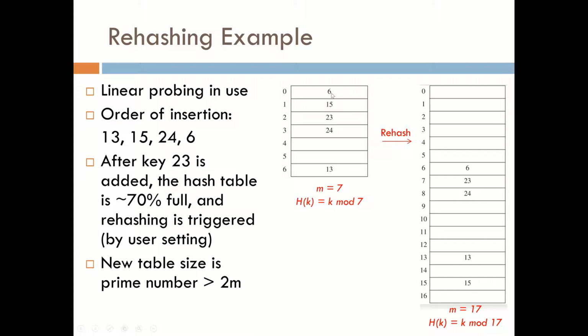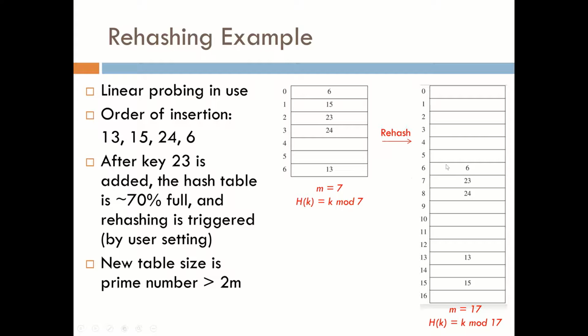Looking at 6 mod 17 is 6, so that goes in location 6. 15 mod 17 is 15, it goes into location 15. 23 mod 17 is 6.